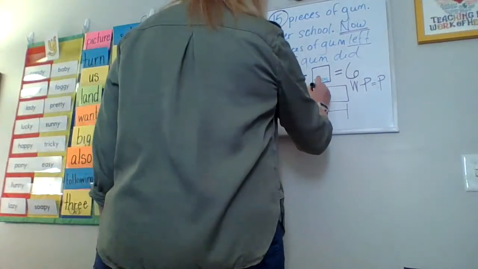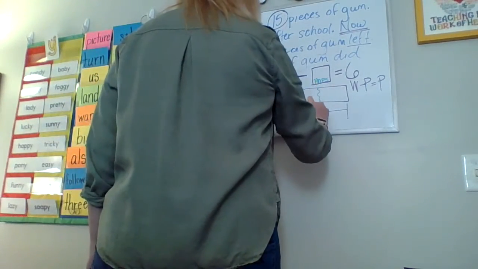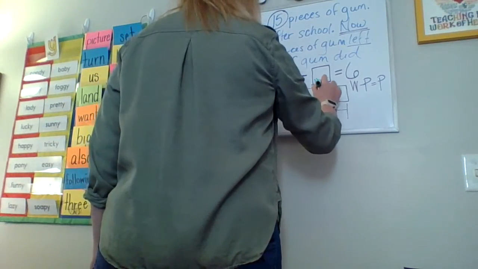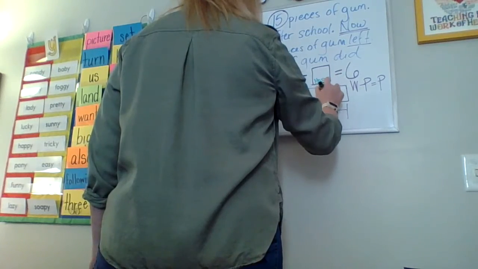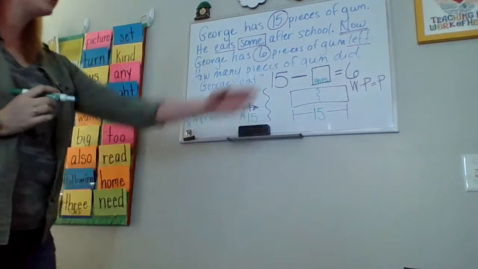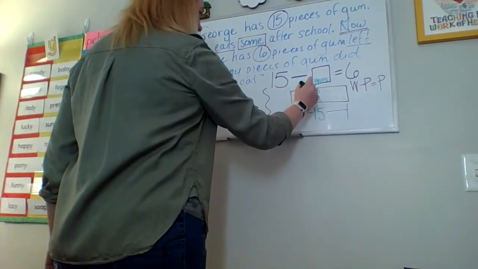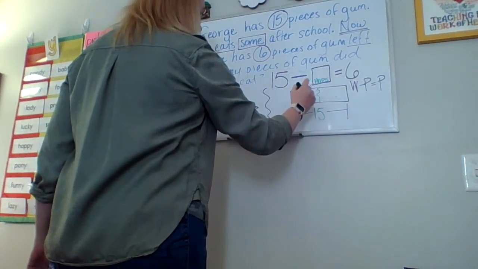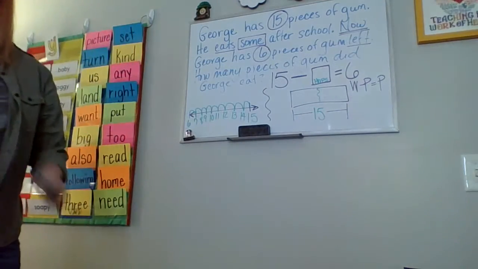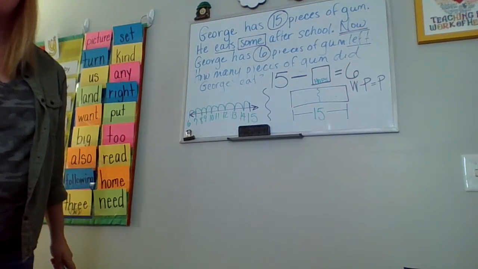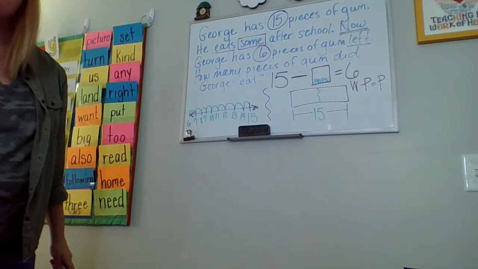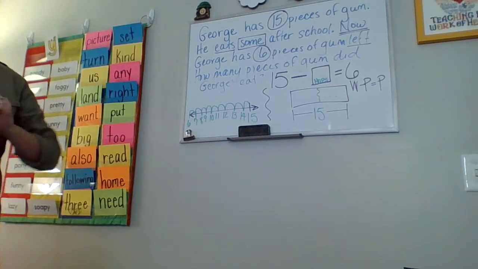For your part whole model, we know we have 15, and we're going to draw 6 as our other part, and then you would count up till you got to 15. 7, 8, 9, 10, 11, 12, 13, 14, 15. Now, let's go in the chat bar and put in our answer for the unknown number.